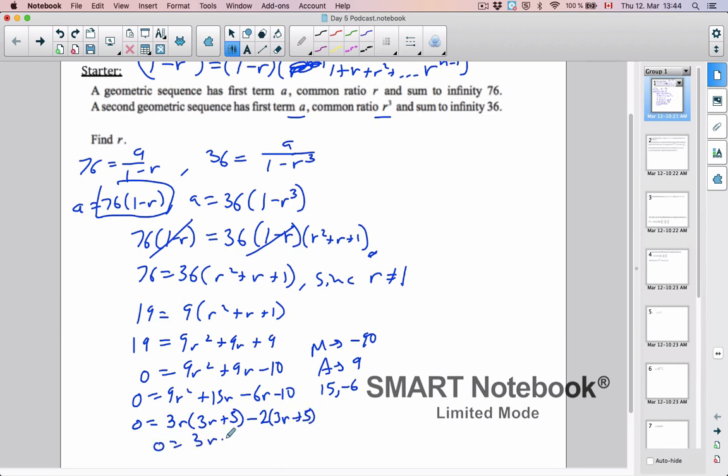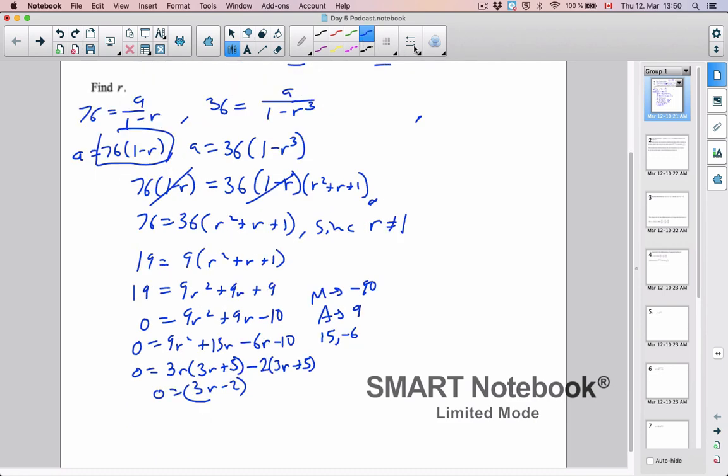So we have 3r minus 2 and 3r plus 5. So r equals 2/3. r equals negative 5 over 3. And recall r has to be bigger than negative 1, so that one's not possible. So the only r value possible is 2/3.